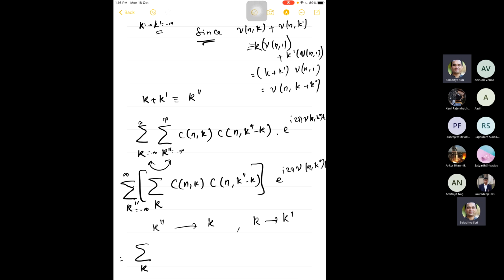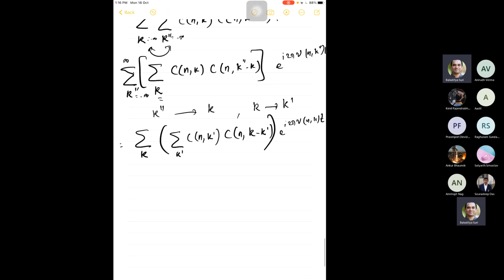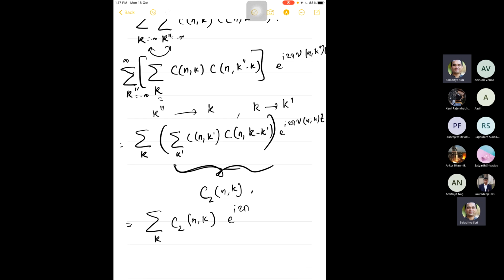So I can now write this as summation over k, and inside I'll have a summation over k prime, c of n k prime, c of n k minus k prime, and outside I have e to the power of I 2 pi nu n k t. Let me call this C2 of n k. I'm calling this summation C2, just a different notation. So now I have summation over k, C2 of n k, e to the power of I 2 pi nu of n k t.